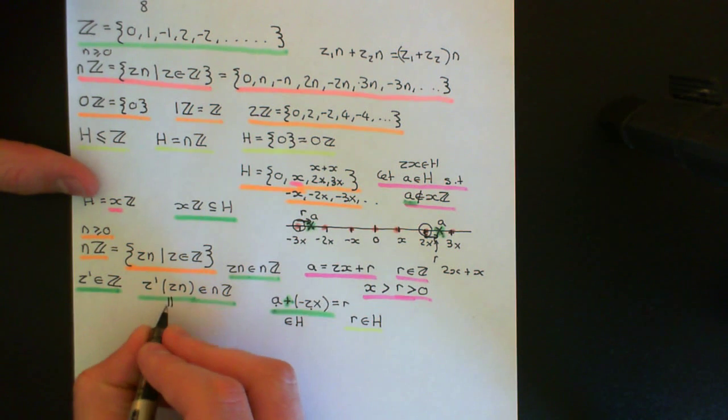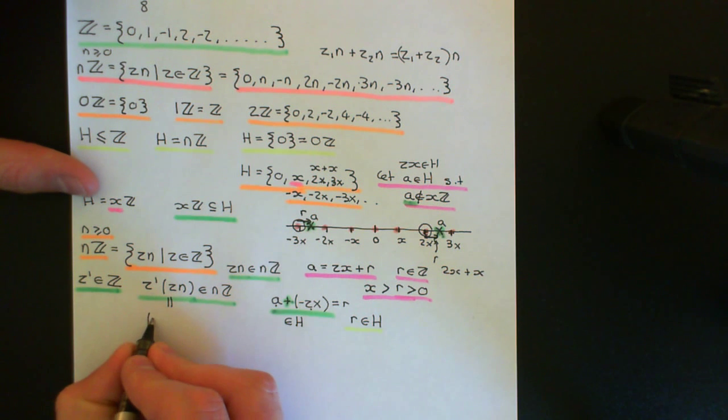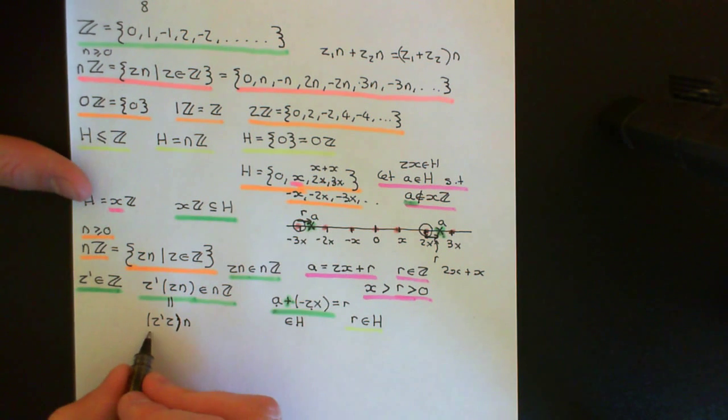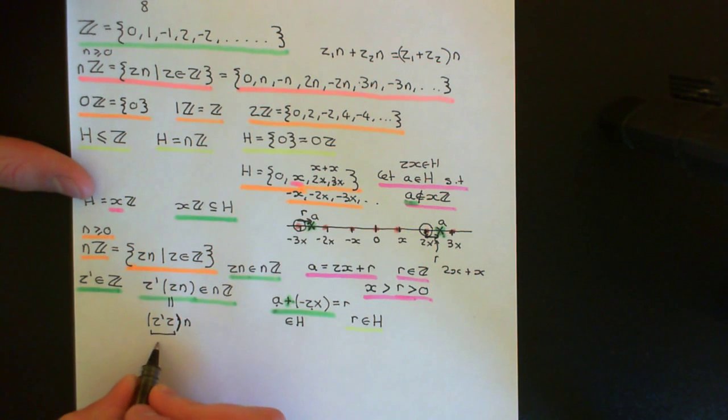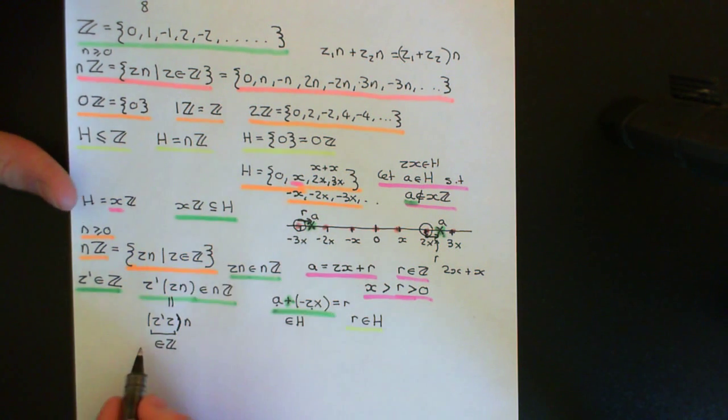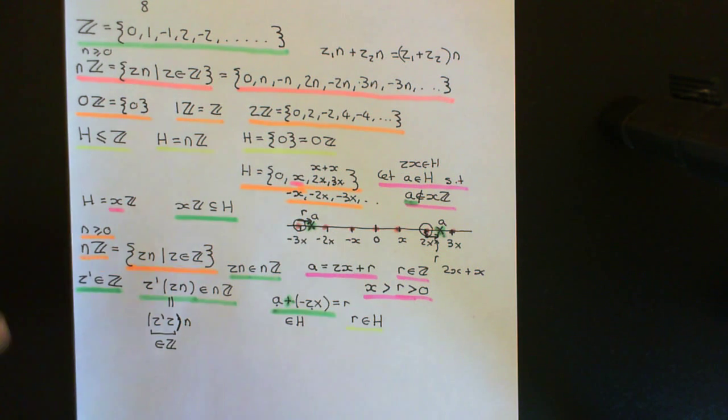We can now just apply the fact that multiplication is associative, and we can turn this into z prime times, whoops, not z prime again, just z there, and then times n. Now of course if we multiply z prime and z together, we'll get some other integer, because z prime is an arbitrary integer and z was an arbitrary integer, so when you multiply two integers together, you get another integer.